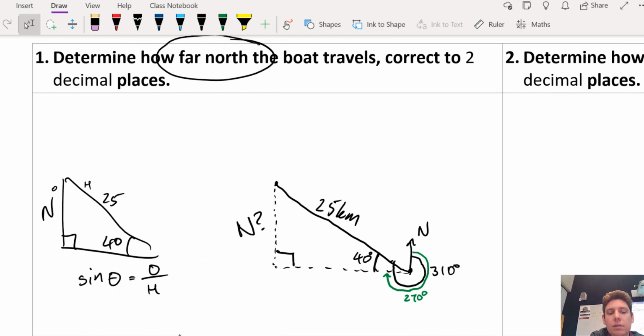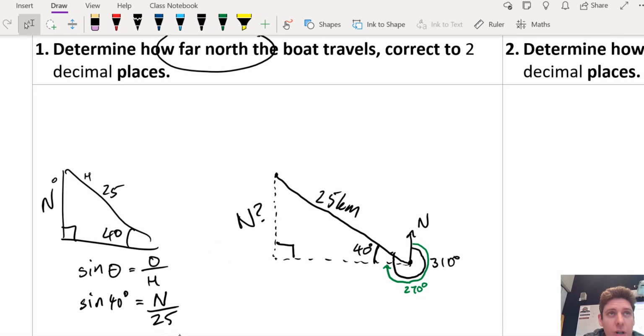So write the rule, sub everything in. What's the opposite? N, very good. What's the hypotenuse? How do we get, because we want to find n, how do we get it by itself?